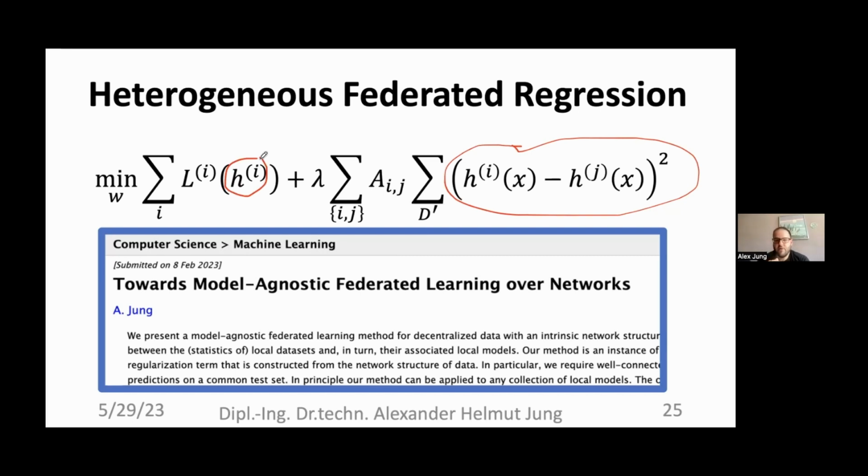Here you can train whatever you want. Some clients use decision trees, other clients use a pre-trained neural network or fine-tune a neural network, yet other clients use a linear regression model. However, we can still compare or couple them by requiring them to have similar predictions on a common test set.